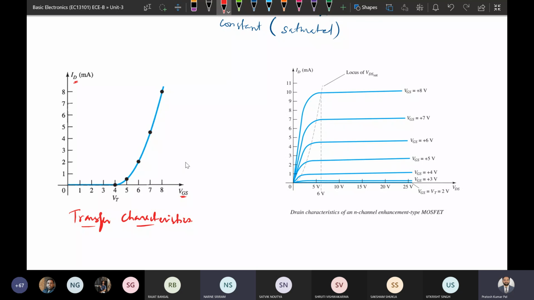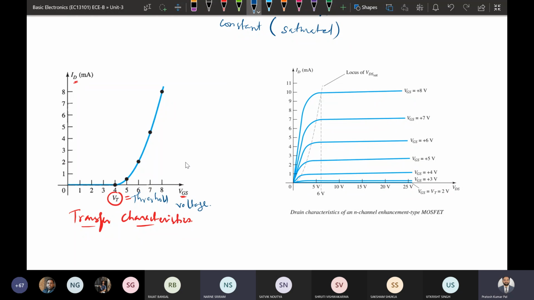So ID versus VGS will be showing the similar curve, that of the normal diode. As we increase the voltage, initially there will be zero current, and at a point there will be an increase in the current. The point at which the current increases is called VT, the threshold voltage.